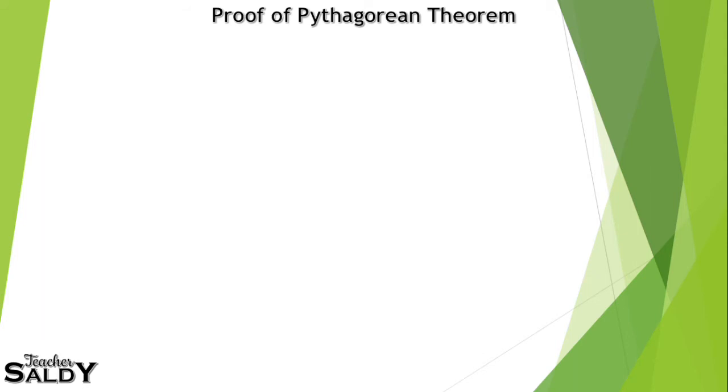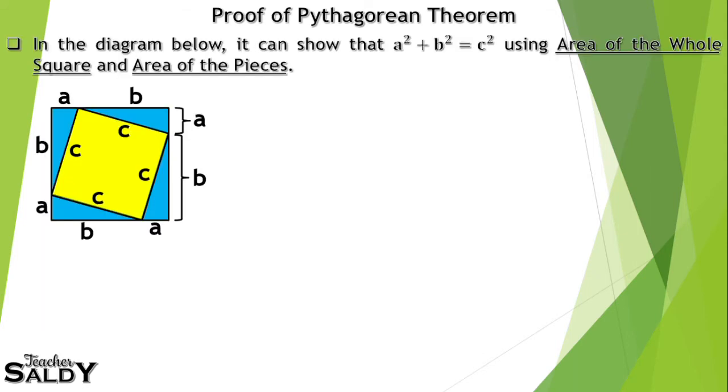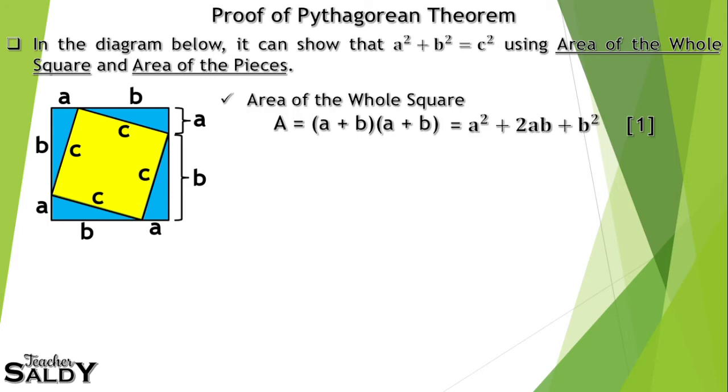Now, this is the proof of Pythagorean theorem. In the diagram below, we can show that A squared plus B squared is equal to C squared using the area of the whole square and area of the pieces. Let's have first the area of the whole square.